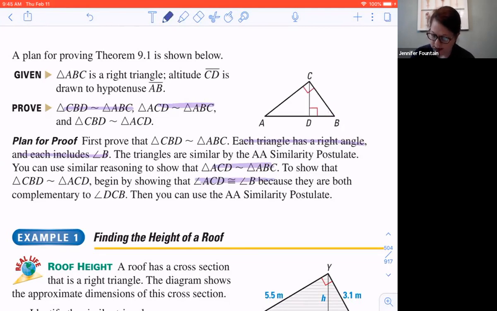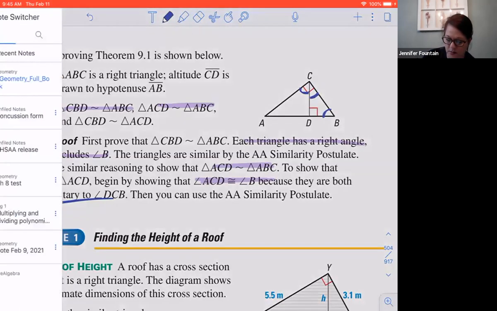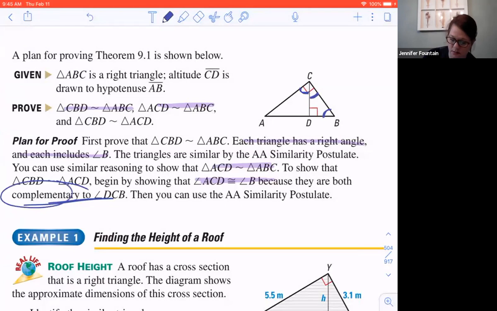So it says angle ACD, this angle here, is congruent to angle B because they are complementary to angle DCB. Okay, so I know that those are going to be complementary. What does complementary mean? What do they add together to equal? They add to equal 90 degrees, right?